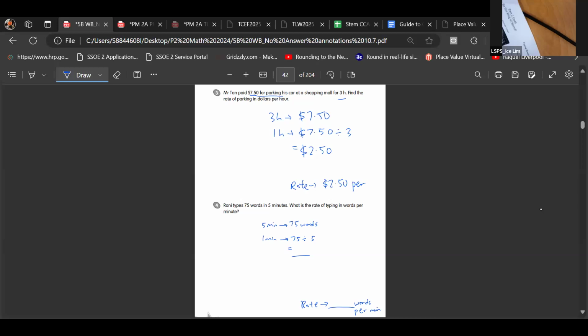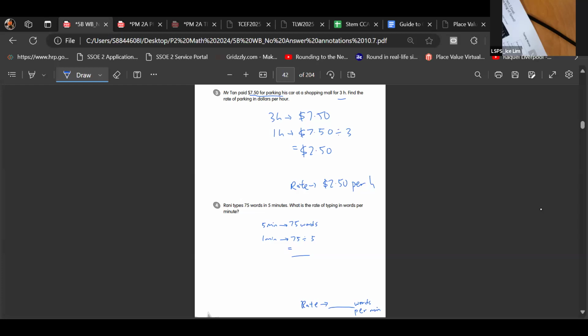So be very careful with your units. Then once you are done writing question 4, you can go and pick up a computer.